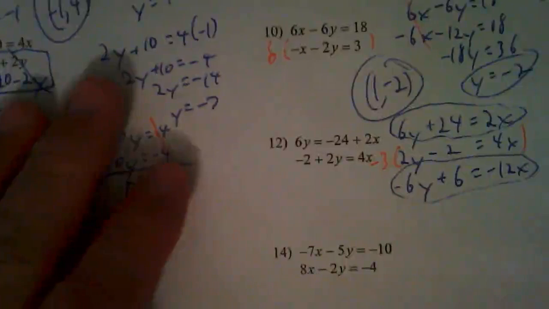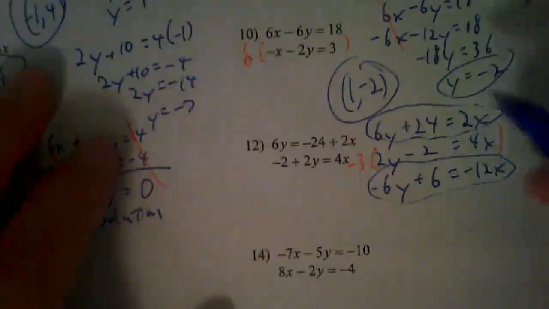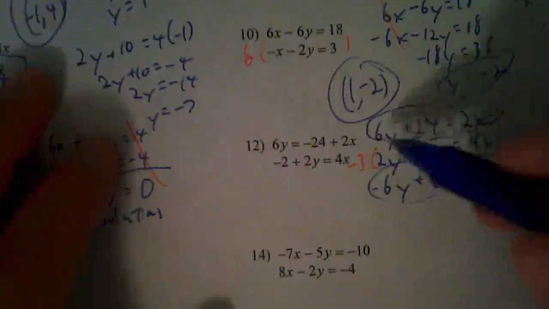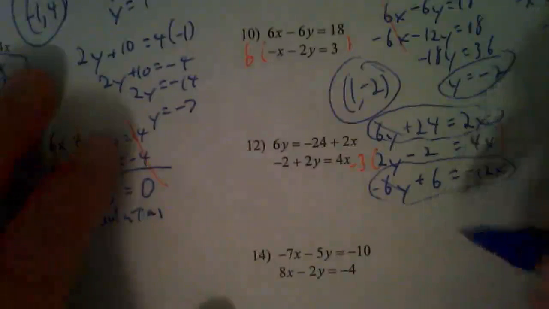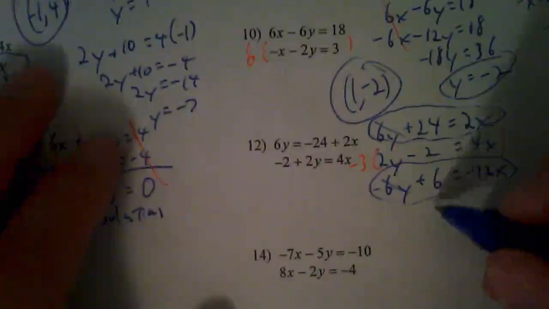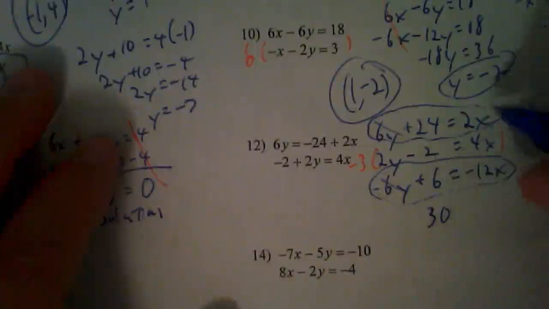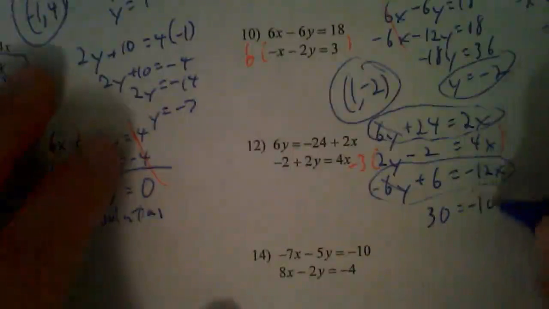So now combine this equation and this equation. These are opposites, they'll cancel out. And it gives us 30 on this side, 2x, and negative 10x.